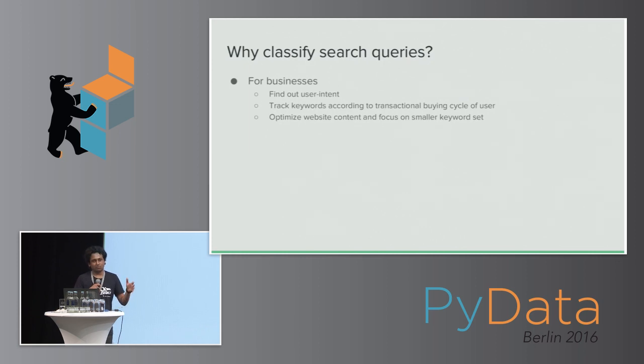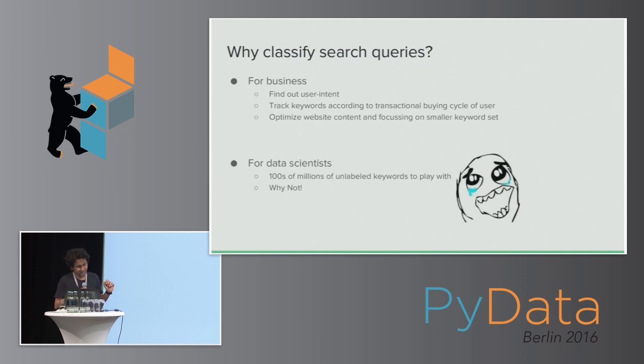They can log it from Google Analytics, and they know what queries were used and how the users came to their website. They also want to know which queries are important for them so that they can optimize their content accordingly. But for data scientists, hundreds of millions of unlabeled keywords to play with, so why not? I'll do it.